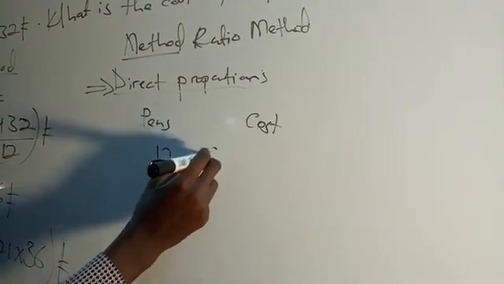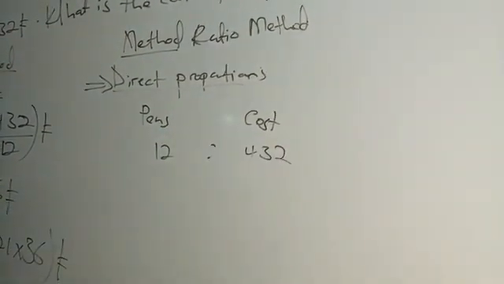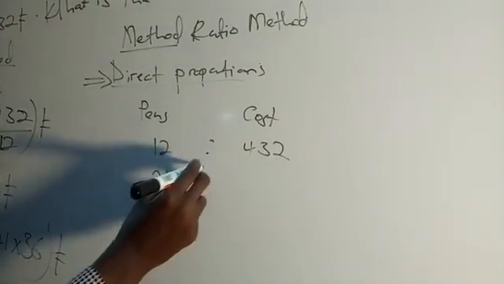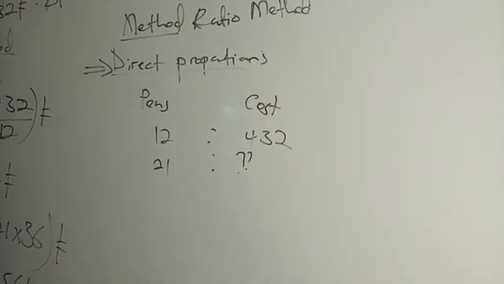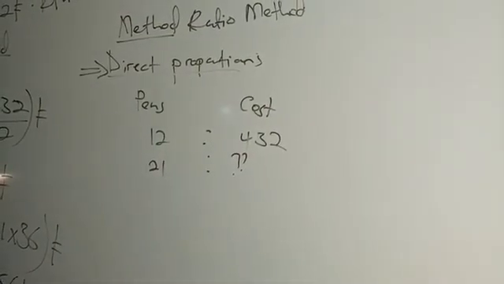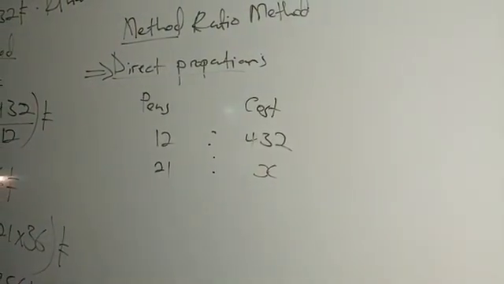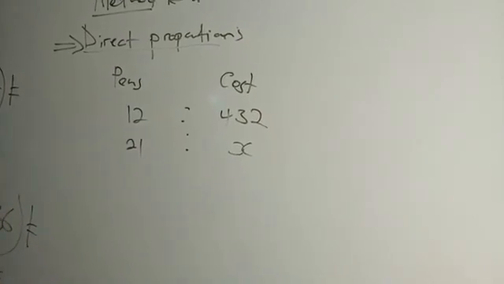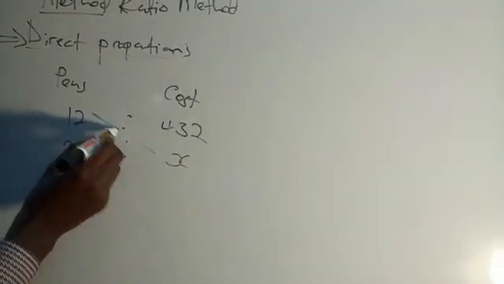They say that 12 pence costs 432, so 21 pence will cost X shillings. So we need to find the value of X by cross multiplying.